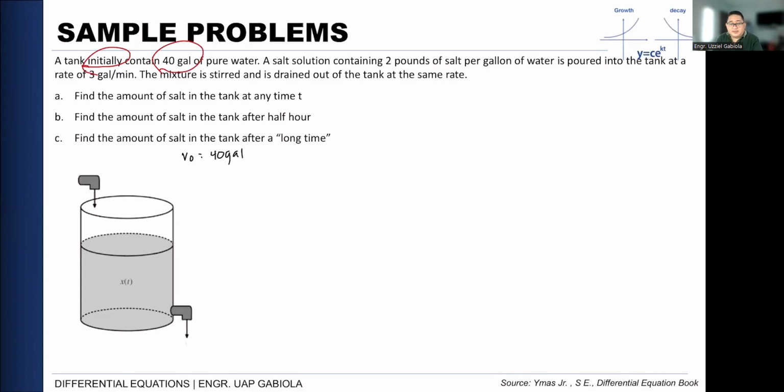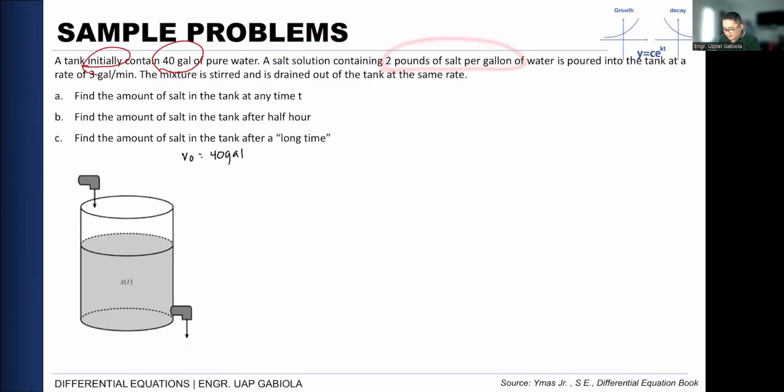So, we have here our initial volume na 40 gallons. Okay? Then, dun sa pure water natin, magpo-pour ka daw ng salt solution. Ibig sabihin, a solution of water and salt, ano? Pag hinalo niyo yung asin sa tubig, tapos ihahalo mo dun sa malinis na tubig. Ang ipo-pour mo daw o yung amount ng concentration is 2 pounds per gallon.